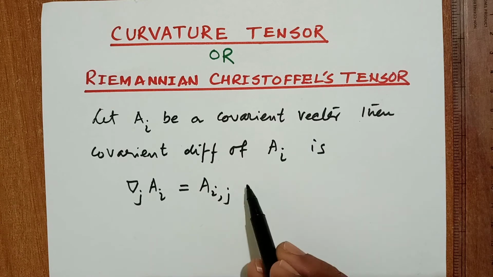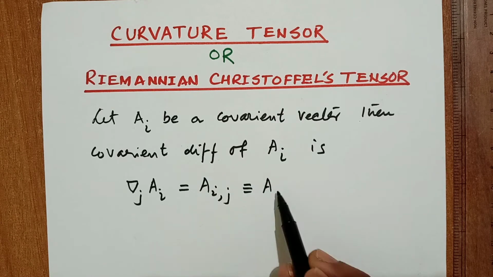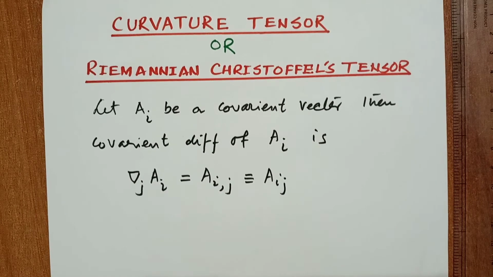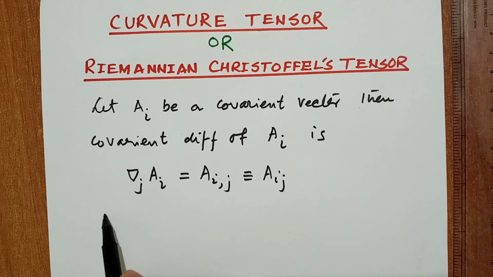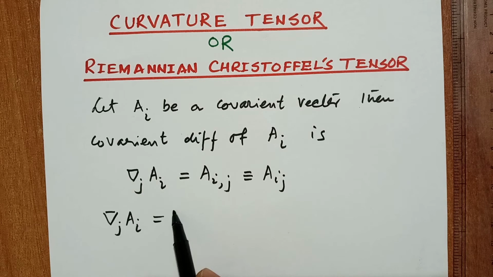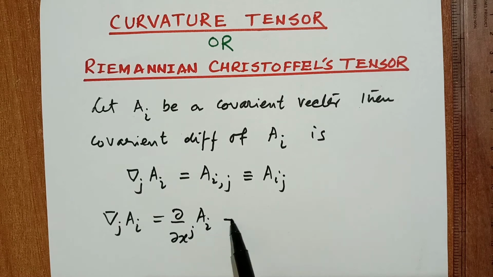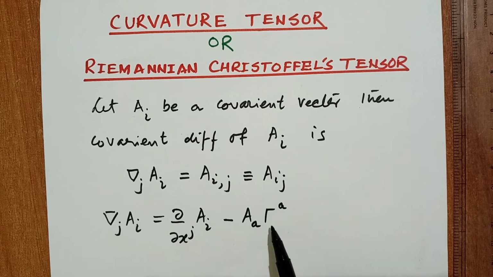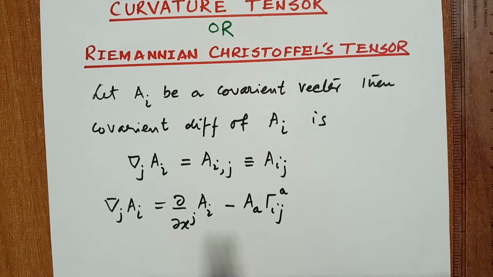We will write this equal to A_ij. Why? By the definition of covariant differentiation: delta_j A_i equals del A_i upon del x^j, the partial differentiation of A_i, minus the Christoffel symbol times A. This is the definition of covariant differentiation of a covariant vector.